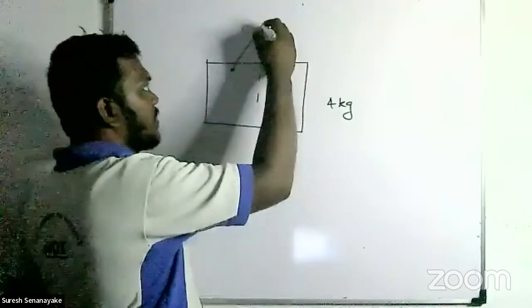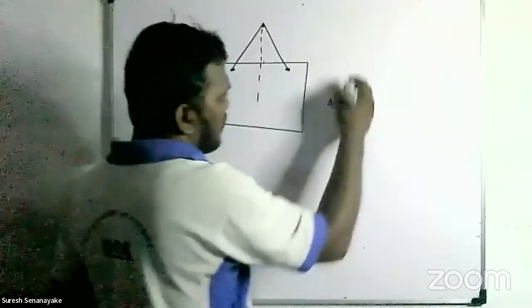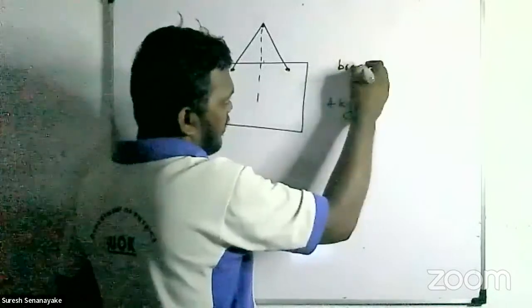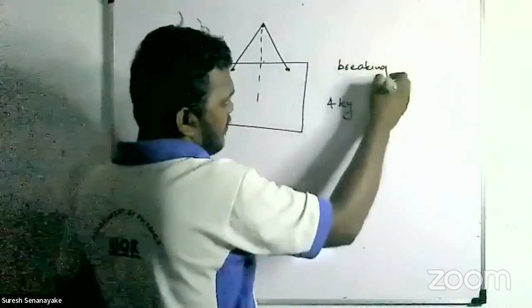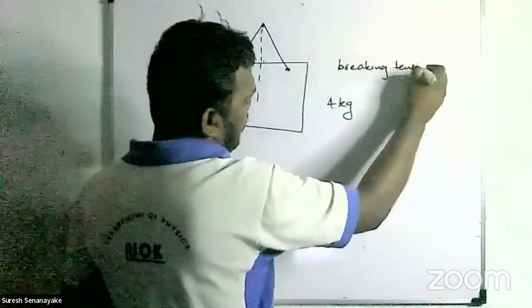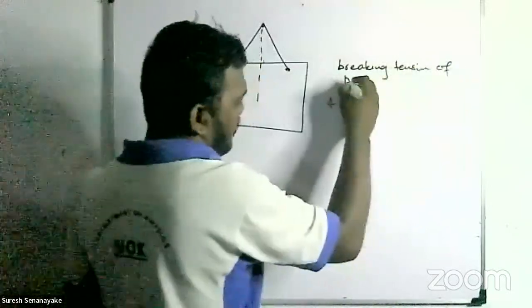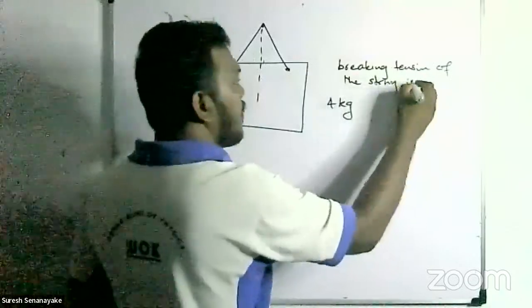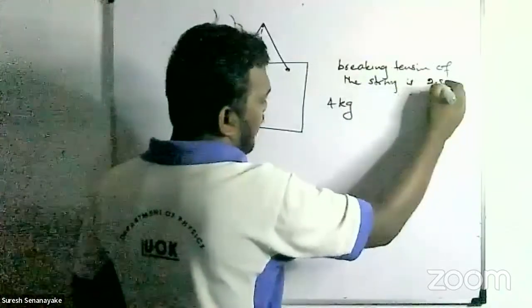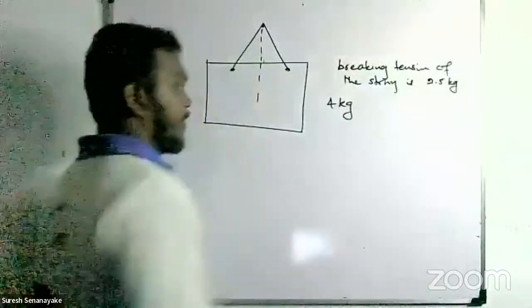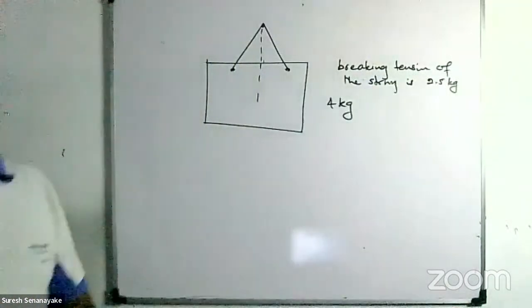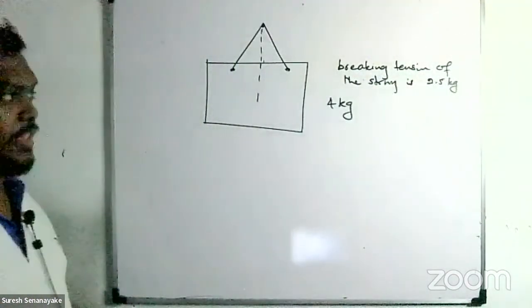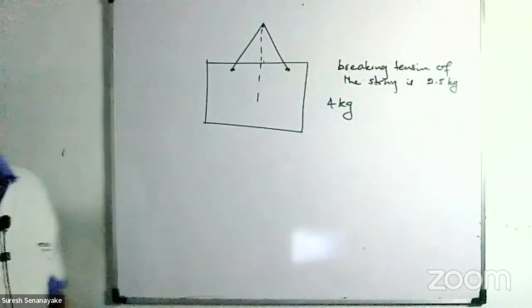But this string has a breaking tension of 2.5 kilogram. That means more than 2.5 kilogram, it cannot be hung. If the tension is over that 2.5 kilogram, it breaks down.